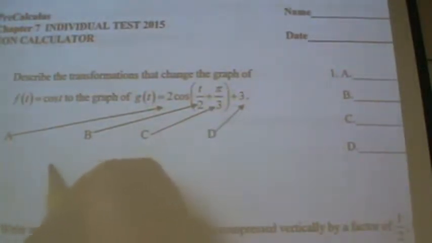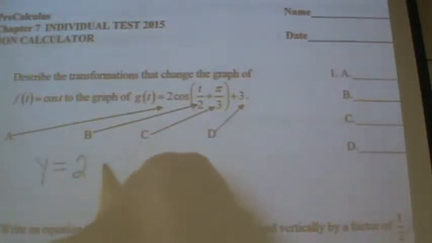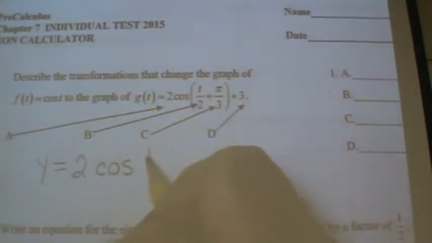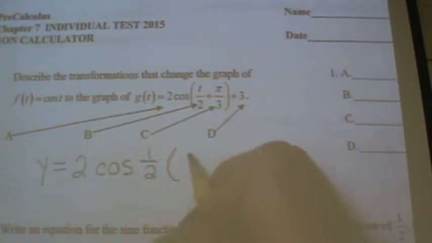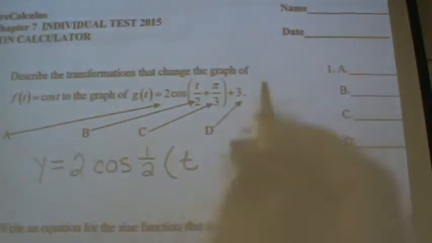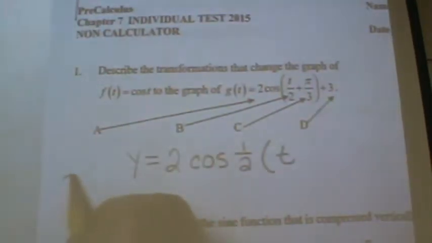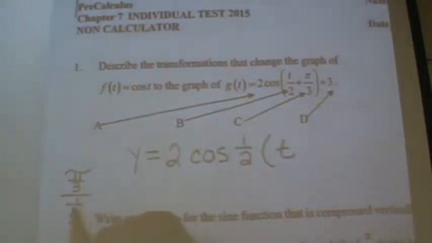So this is G of T or Y, 2 cosine. The B value is 1/2. You have to pull 1/2 out of this pi over 3. So you're going to divide pi over 3 divided by 1/2.